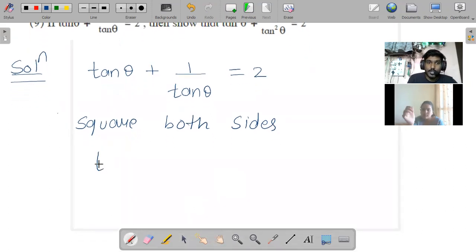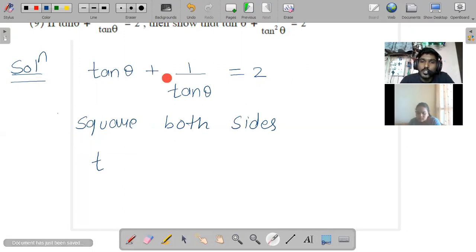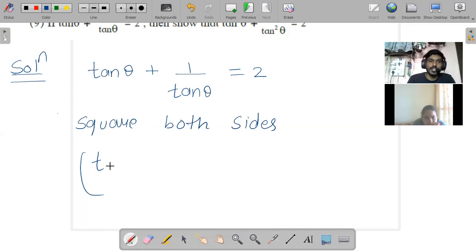But we have to do both sides. We will have to square 2 also, and the reason is because there is an equal to sign. Whatever you are doing on the left hand side, compulsorily you have to do the same thing on the right hand side because of this equal to sign. Is it clear why we have to do both the sides? It's just because of that equal to sign.